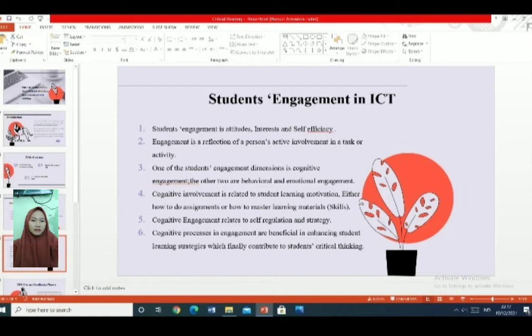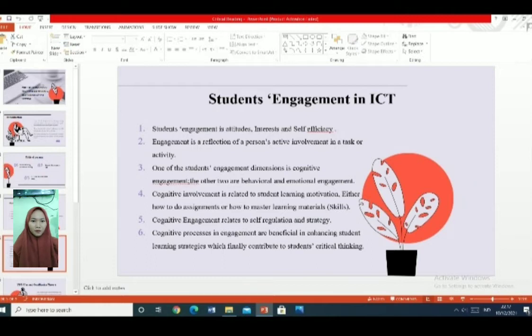The first, student engagement is attitudes, interest, and self-efficacy. Okay, the second, engagement is a reflection of a person's active involvement in a task or activity. The third, one of the student engagement dimensions is cognitive engagement. The other two are behavioral and emotional engagement.